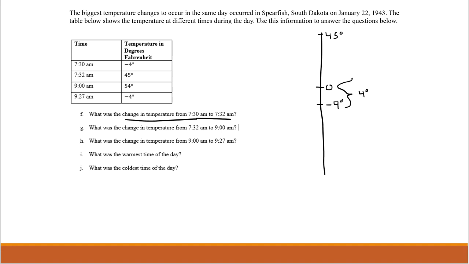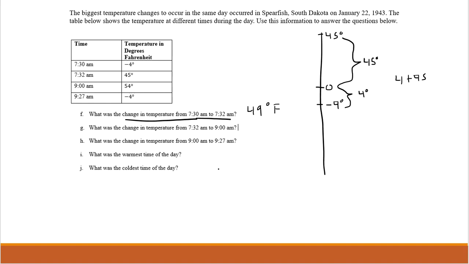And then when you're moving from 0 to 45, the temperature is changing another 45 degrees. So the total change in temperature would be 4 degrees plus 45 degrees, which is 49 degrees Fahrenheit.